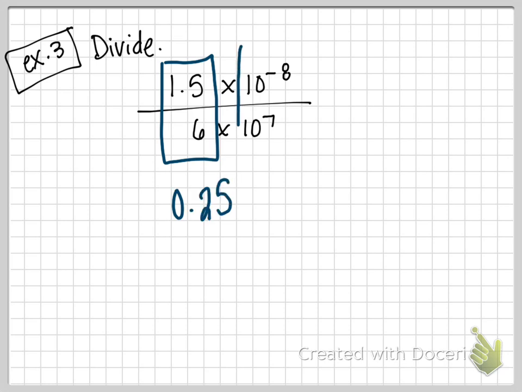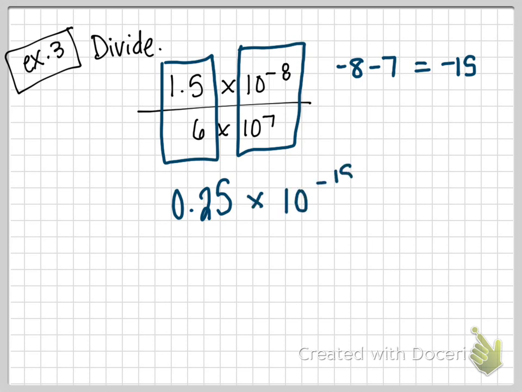And then deal with your exponents. These are the same base. We're dividing, so we'll do negative 8 minus 7. So it's going to be to the power of negative 15. So times 10 to the negative 15th. I move it to the right. Yep, and then we've got to move it to the right, which means we subtract 1.